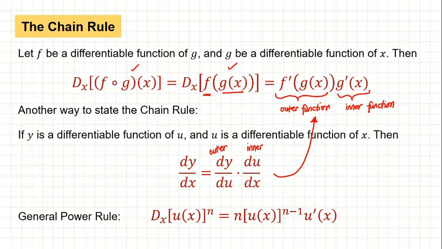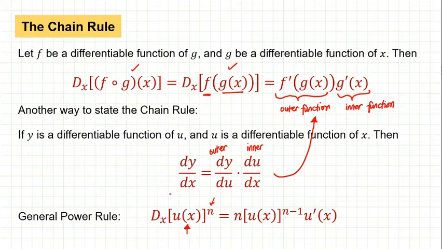So we have here the general power rule. The derivative of u of x to the power of n with respect to x is equal to, using the power rule, so we will bring down the exponent n here. So you have n times u of x raised to the power of n minus 1 times the derivative of u of x, because our inner function is u of x.